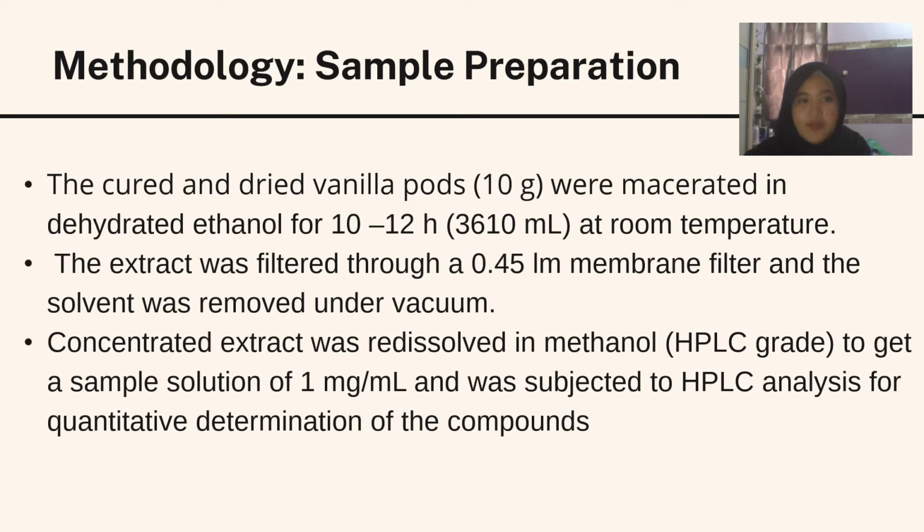For the last step, the concentrated extract was redissolved in methanol to get a sample solution of milligram per milliliter and subjected to HPLC analysis for quantitative determination of the compounds.